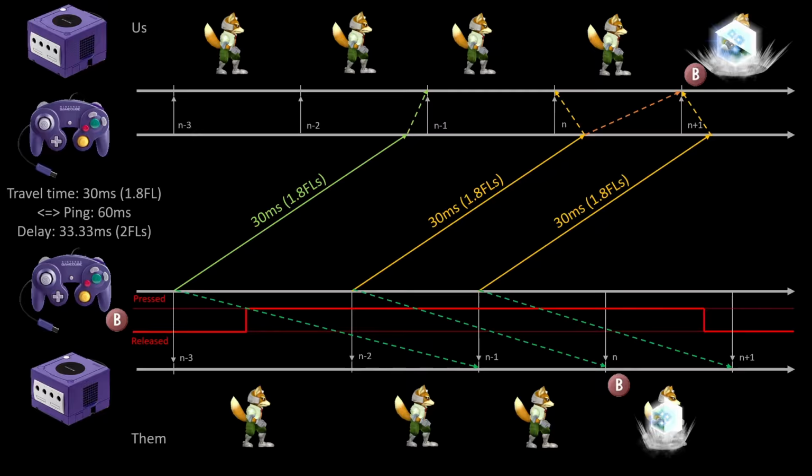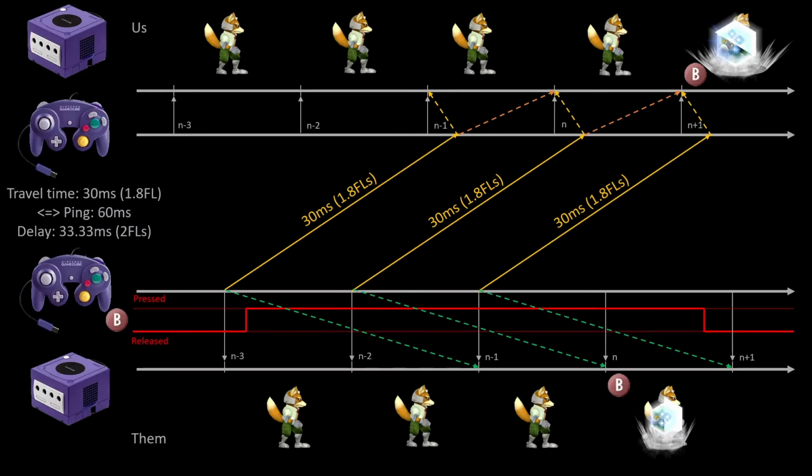In fact, there was never a reason for the two game engines to be synced to begin with, so there's always a difference, which may fluctuate with time. And if that difference is large enough, it will asymmetrically cause rollbacks, as it does in this example. Here, they're almost half a frame behind us. Because of this, even though the delay is more than the transmission time, because they start building their frames late compared to us, they also send the information for this frame later, which causes us not to receive it in time to build our frames.